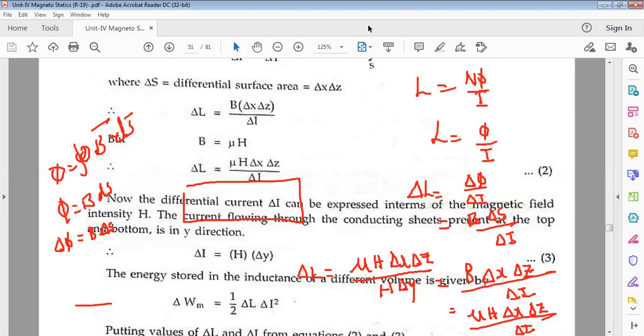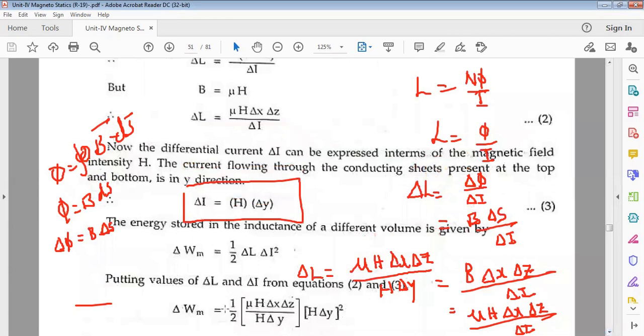Substitute this value here: 1 by 2 into mu H delta X delta Z, divided by H into delta Y, and delta I square. What is delta I here? H into delta Y, so H into delta Y the whole square.